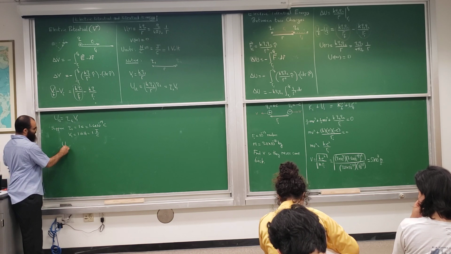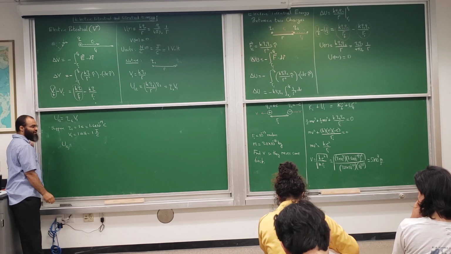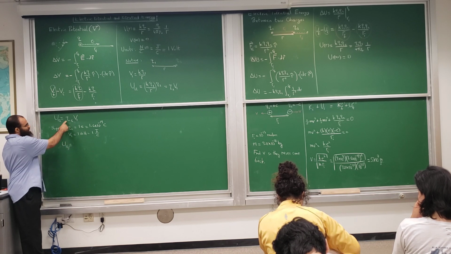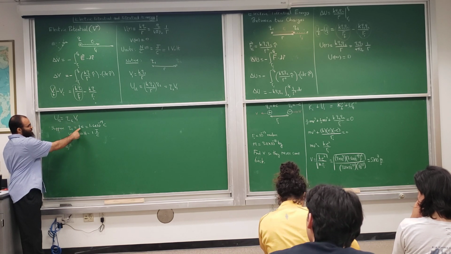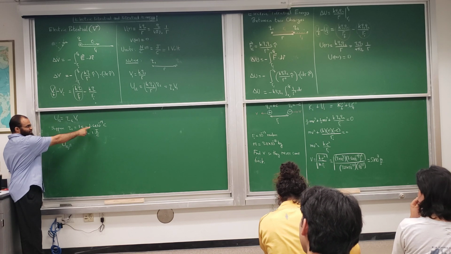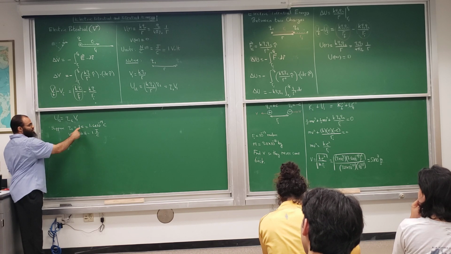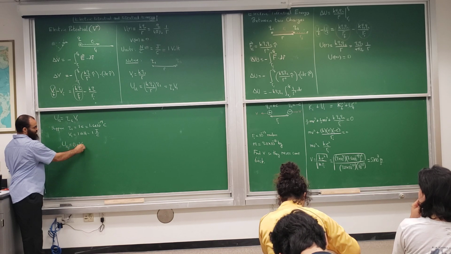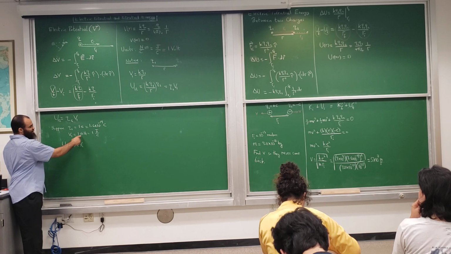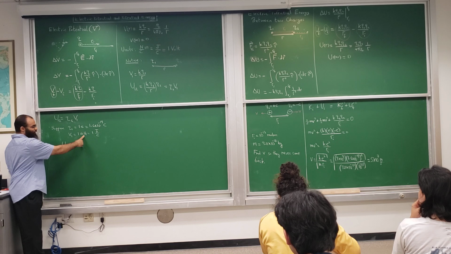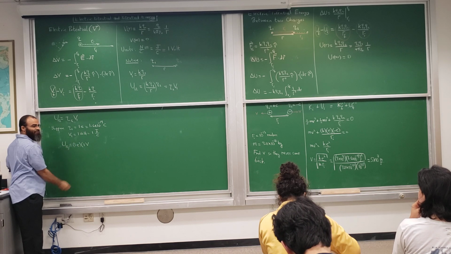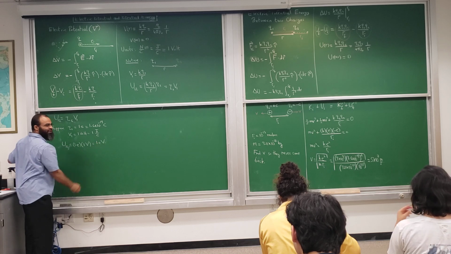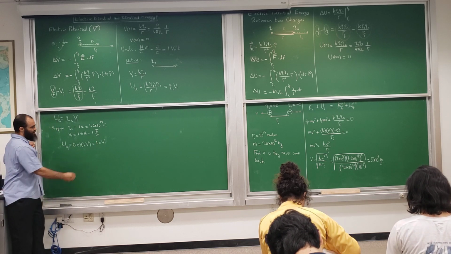Then the potential energy between them, U1,2, is going to be what? Q2 times V1, right? What is Q2? 1 e. And then V1 is 1 volt. So it becomes 1 eV. It's called an electron volt.